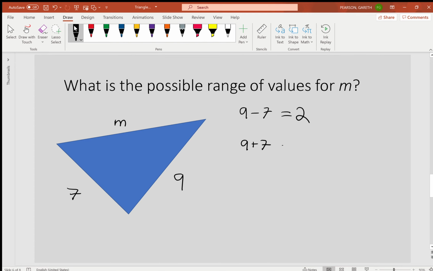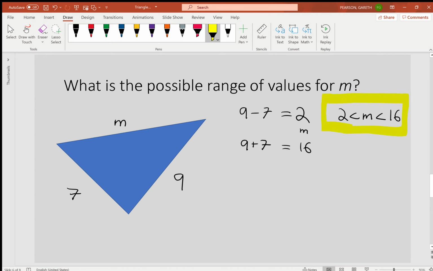Now 9 plus 7 will give me 16. All the possible values of m are between these two numbers. So the way I would write that mathematically is anything bigger than 2 but smaller than 16 could be my value for m.